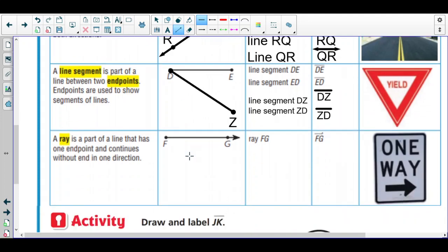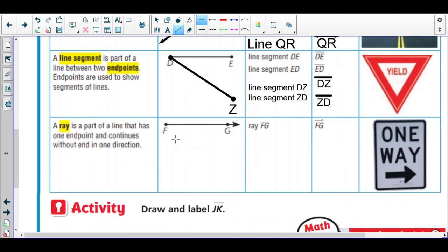Now we've got this ray. And a ray is really interesting because you have to make sure that you start with the endpoint. So if I had a ray that went like this, and remember with a ray, it has a starting point, but then goes on forever and ever.